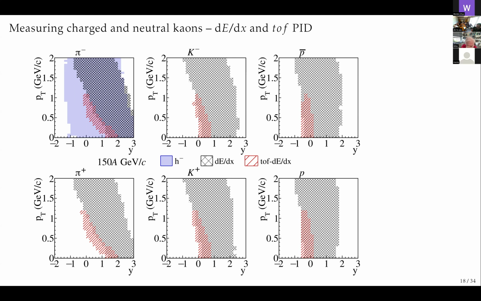So we have never done it yet, the coverage is just not optimal. But this is something that we would be interested in seeing. We can't really access the pi zero because we don't measure photons. But this ratio is not 1, even in the models, because of initial asymmetry.